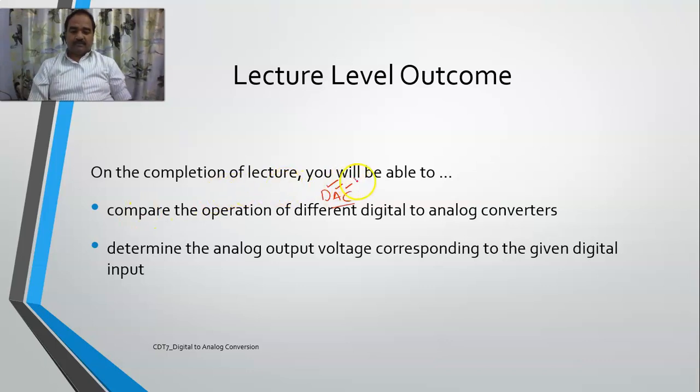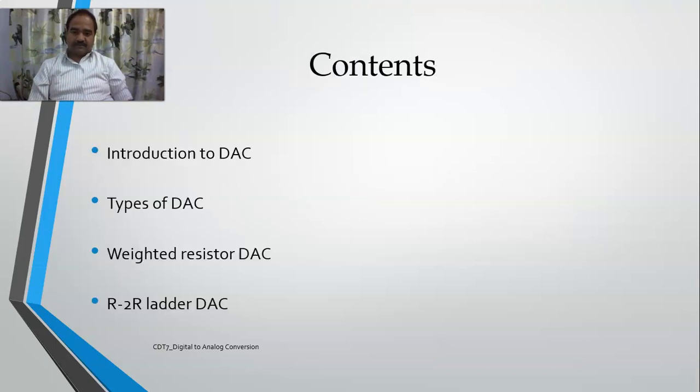We will discuss two different types of DACs which are available in the market and extensively used, and I hope that you will be able to determine the analog output voltage corresponding to a given digital input. So let's start with the introduction to the DAC, and then we will discuss the types of DAC, and in particular we will concentrate on how these two DACs operate.